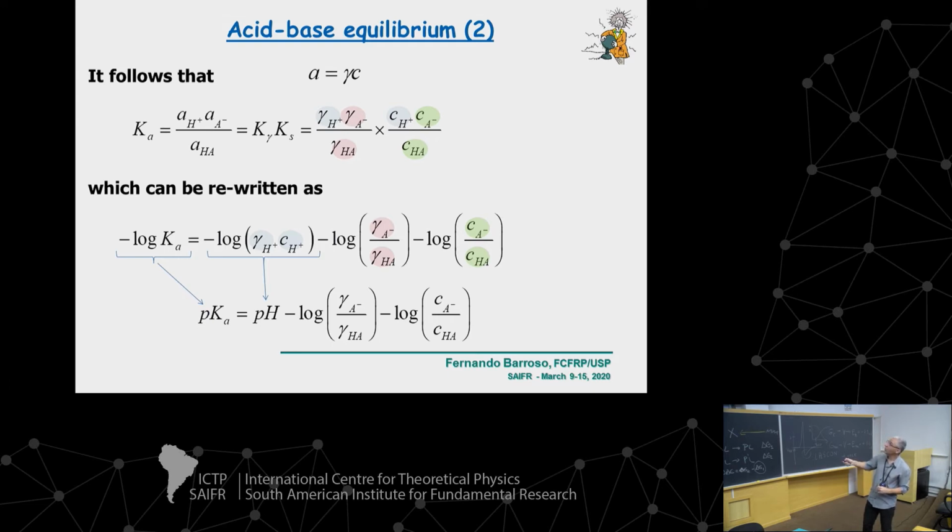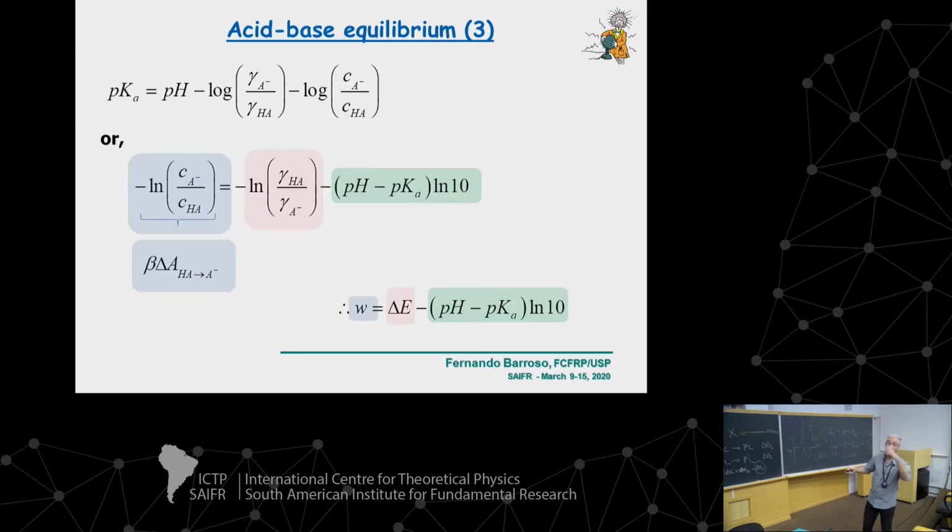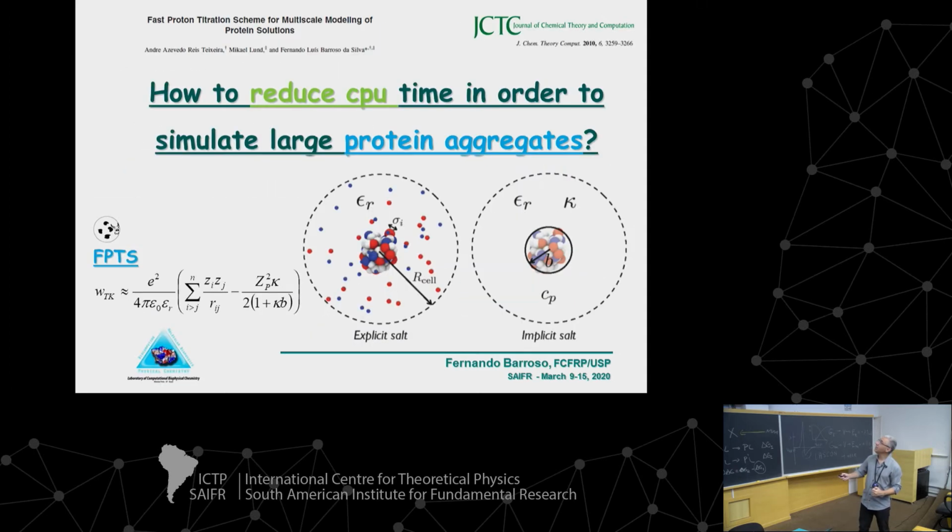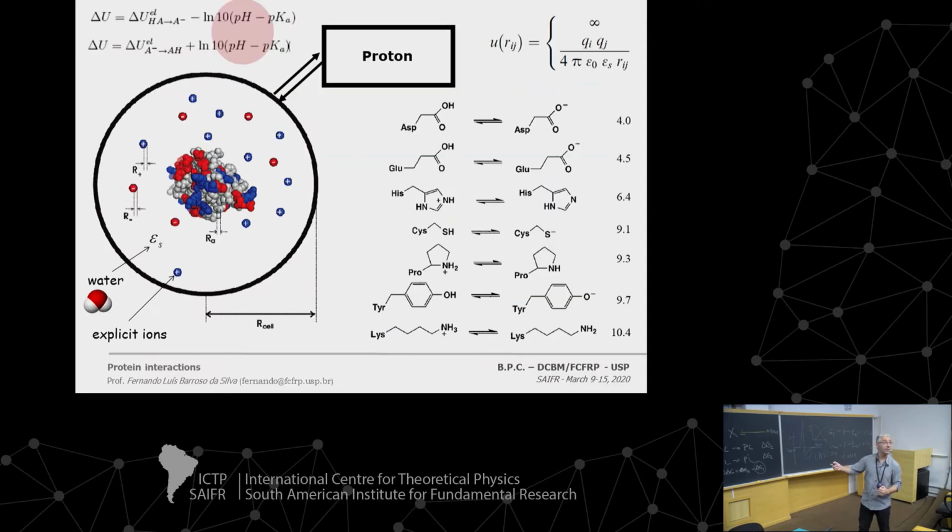When you rewrite things and start to manipulate, jumping a few slides, you can end up with a kind of free energy rule for the protonation using these terms. So at the end, the free energy is going to depend on the change of your Coulomb interactions plus this chemical contribution. That's exactly the same idea that I already mentioned when I was discussing these things.